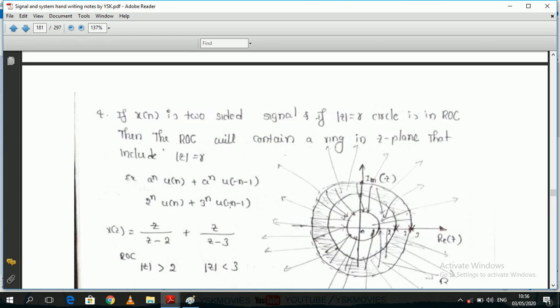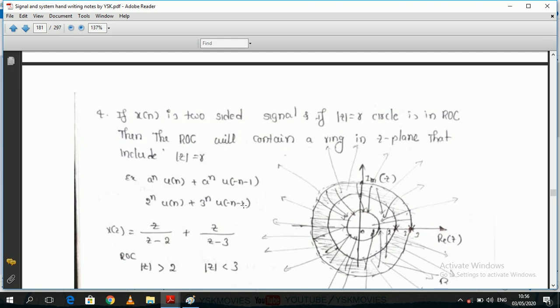And u of minus n minus 1 means a left-sided sequence. That means the ROC is inside of the circle, but you don't know that point's radius. That you only get by solving.